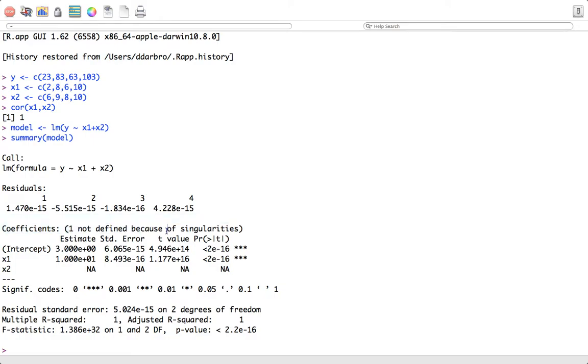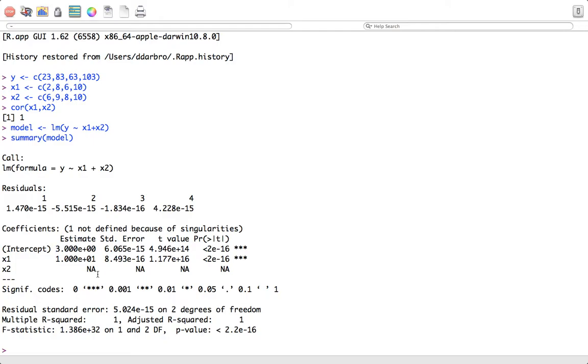Well, as we've talked about before, the calculation of coefficients is typically performed through matrix multiplication, or at least operations on matrices. And it looks like to me that we get the estimate, the model here, of y hat equals 3 plus x1, but it doesn't include x2.